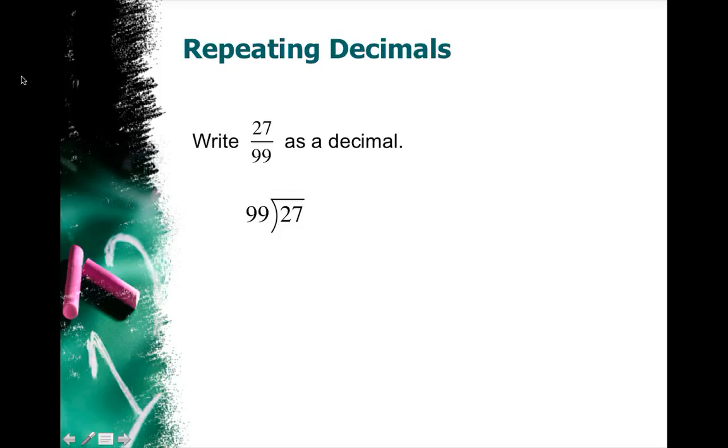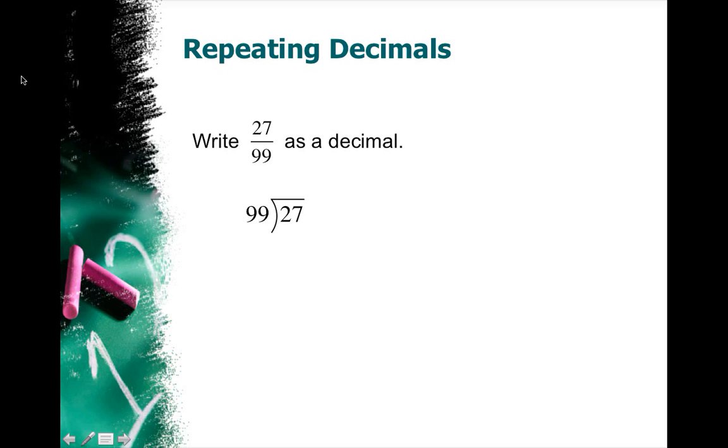The 99 is on the outside, knocking at the door. If I were to set it up incorrectly, I would have 27 going in 99, and that 27 does go into 99, so that would be a number greater than 1, and that should be a red flag that I've set up my problem incorrectly, because as we said above, 27/99 is less than 1.